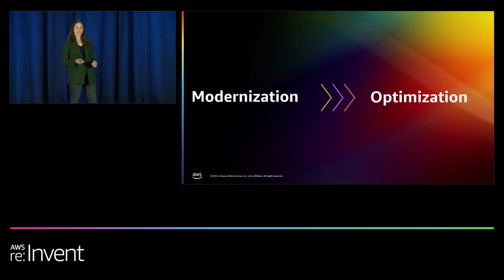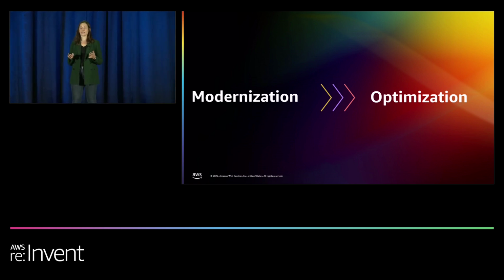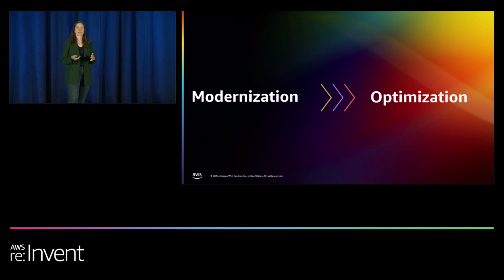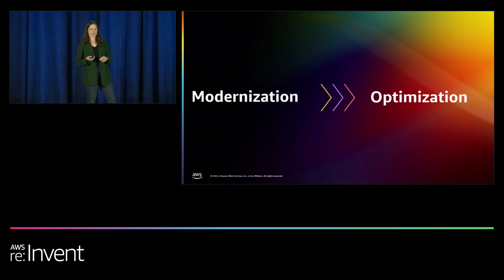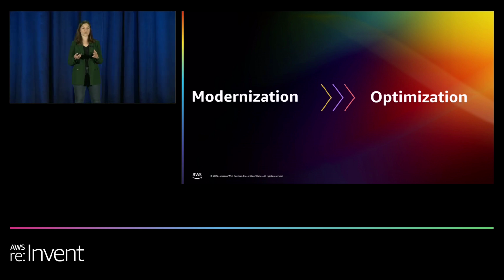So let's start for a second with why we created this session. There is a strong motion in the industry to develop modern applications, and to use technologies like containers, serverless, and event-driven architectures. There are a lot of good reasons to do that.